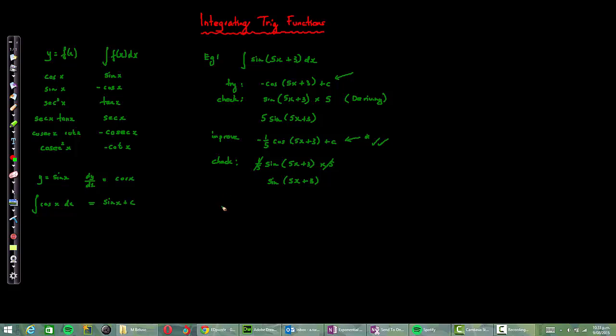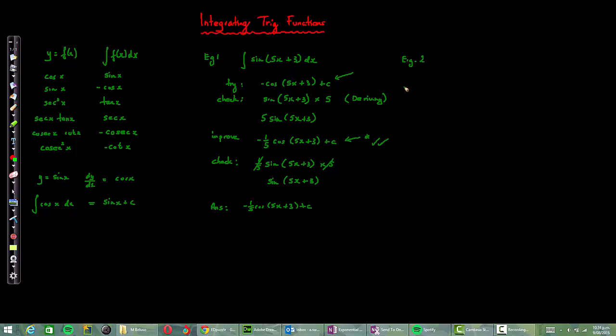So our final answer then is negative 1/5 cos 5x plus 3 plus c. Now we'll have a look later and see if we can basically speed this process up, but let's have a look at another example or two first.